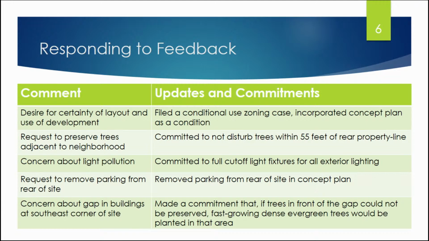Mike mentioned there's a 32-foot utility easement back there, so when you look at the surveyed tree line, it's about 20 feet of trees, and then because of the landscape buffers, we would be putting landscaping in there. It just couldn't be trees. And that's, again, a minimum commitment. We may be able to preserve more at site plan. We just don't have that yet. We don't have the stormwater pond designed yet.